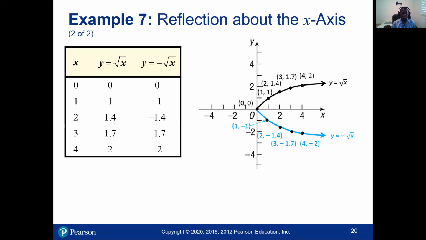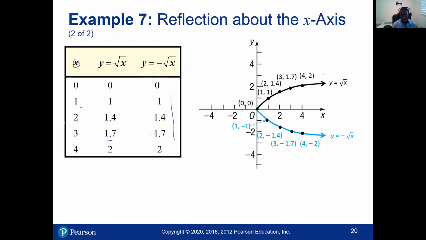Okay, so then let us go to the graph. Pick some points. Okay, you have to take the x values. Say 0, square root of 0 is 0, 1, 1. And then 2, square root of 2 is approximately 1.4. Square root of 3 is approximately 1.7. And then square root of 4 is 2. Now, if you have y is equal to negative square root of x, that gives out these values.